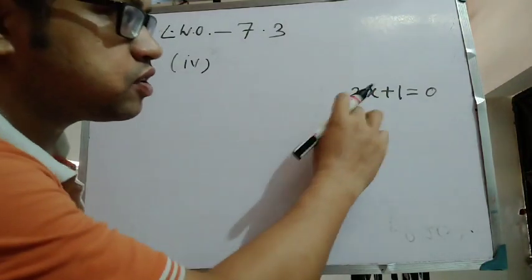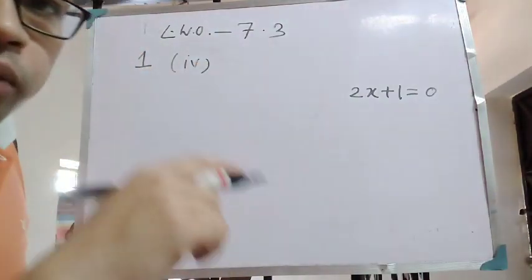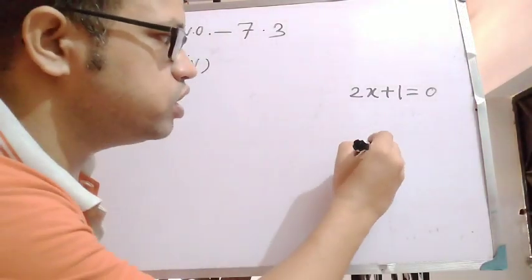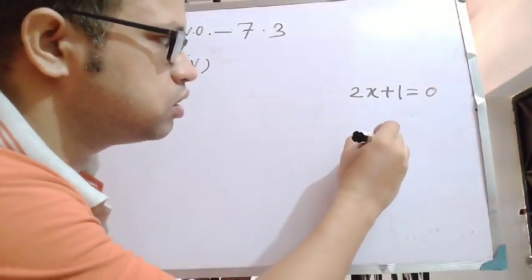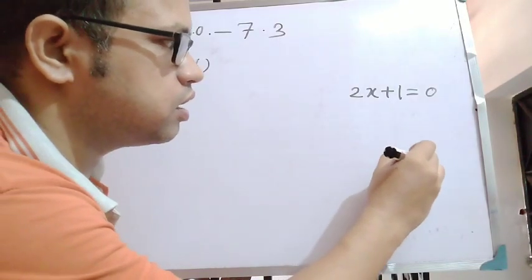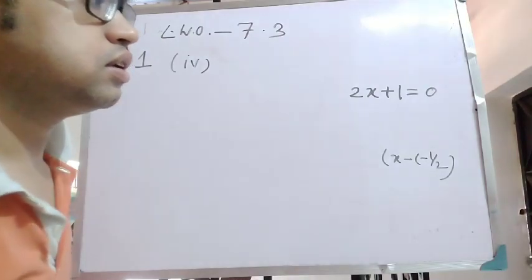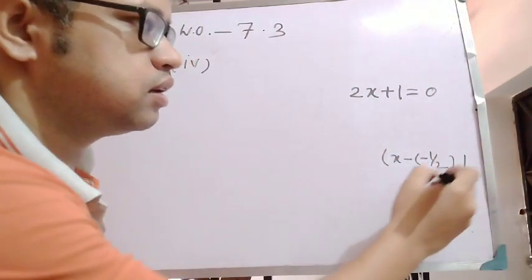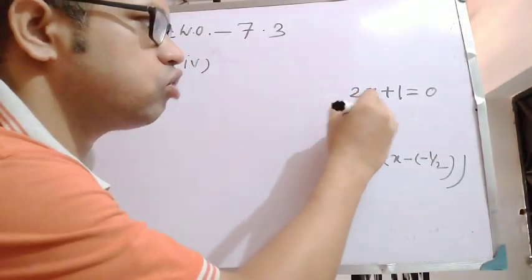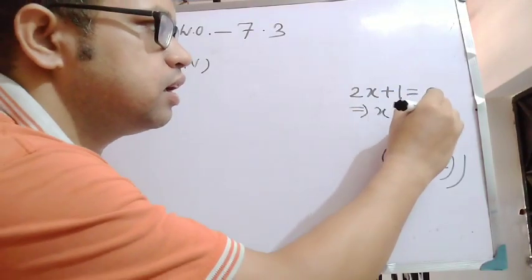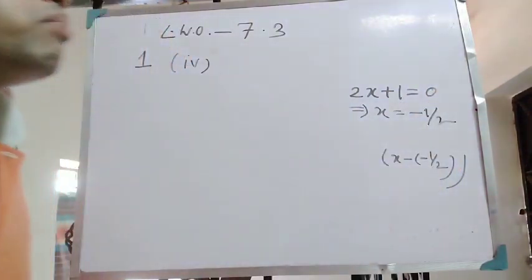You have to express that binomial in the form x minus h. Actually, it is x minus (minus half). So solve for x from here: x equals minus half.